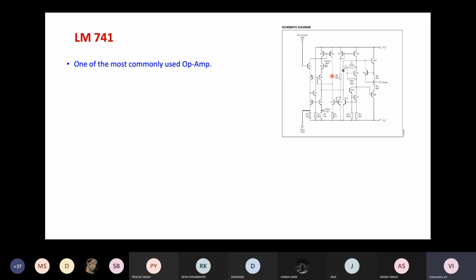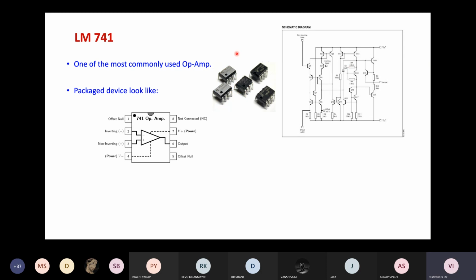Basically, op-amps are one of the most basic things in EC, electronics and communication engineering. So it's good to know, it's expected that you would know about op-amps. So this is the circuit. Generally, nobody asks about circuit diagrams of the op-amp because there is a lot more beyond the circuit diagram.